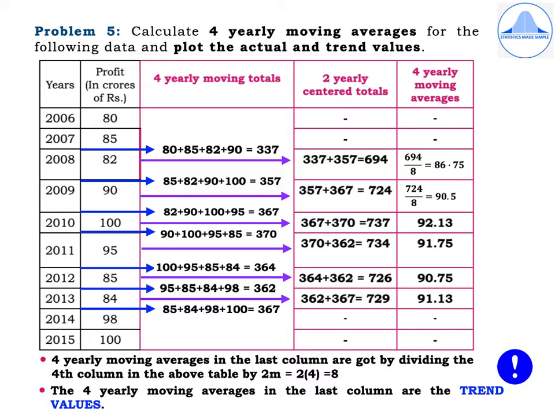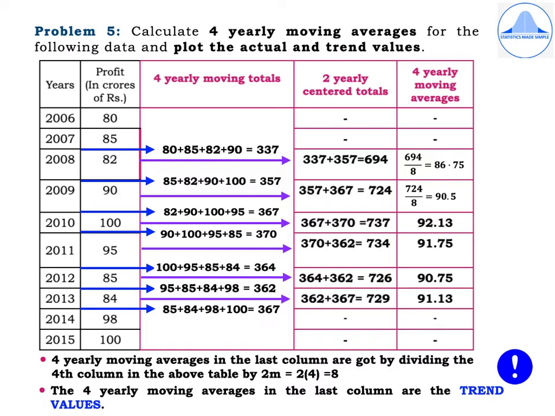Now, since we have to find out the 4 yearly moving averages, the period of variation, that is M, will be equal to 4, and 4 is an even number. Now, we have to be careful with the formation of the table and the columns. Form 3 more columns, that is the 4 yearly moving totals, 2 yearly centered totals, and 4 yearly moving averages.